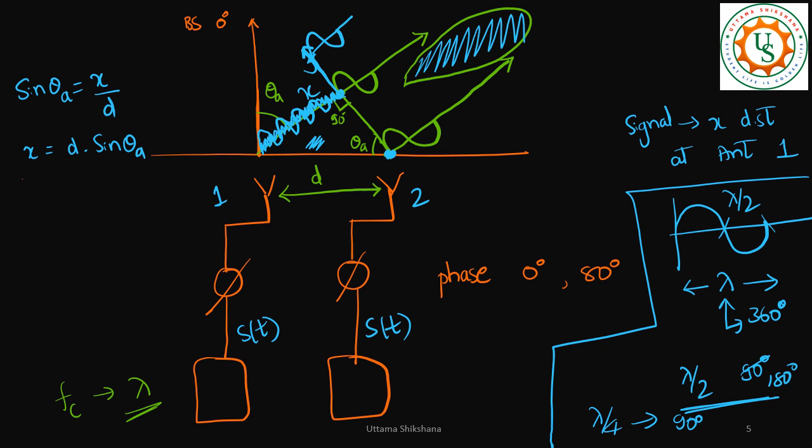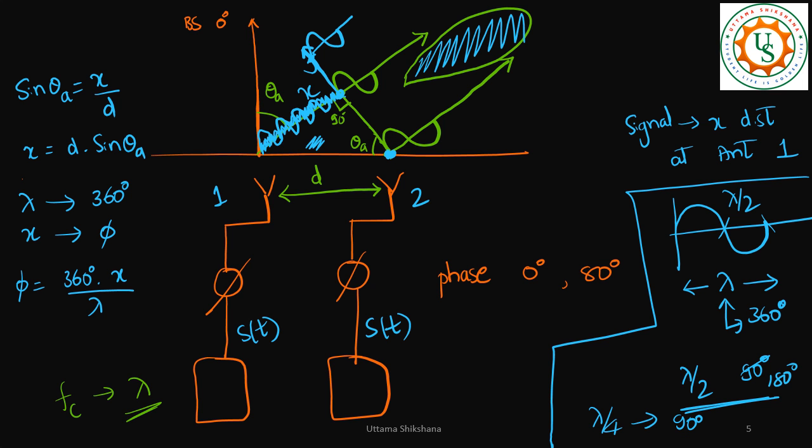For lambda distance, the signal would travel 360 degrees. For x distance, what is the phi required? So phi would be 360 degrees into x by lambda, right?